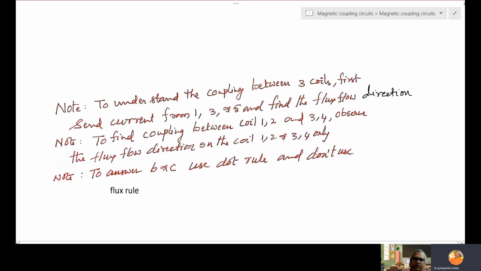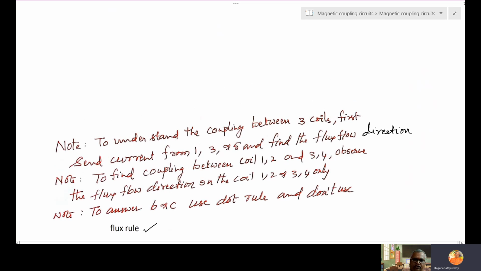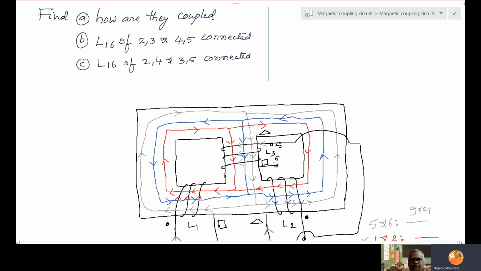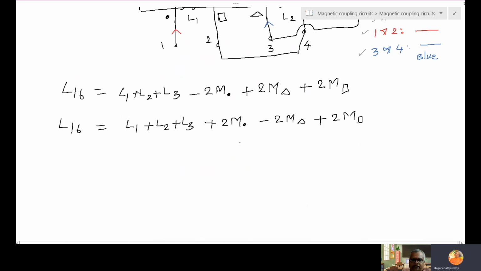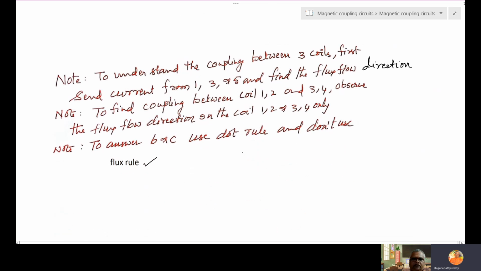To answer the B bit or C bit, use the dot rule. Don't use the flux rule. Use only the dot rule because the dots are already located. This problem is really tough and I hope you understand it.